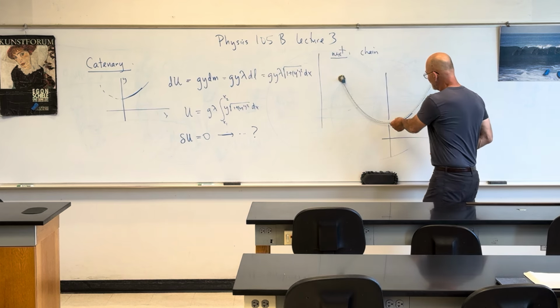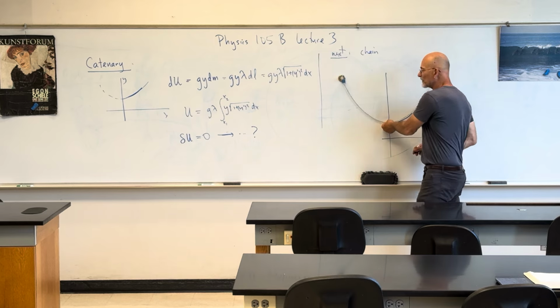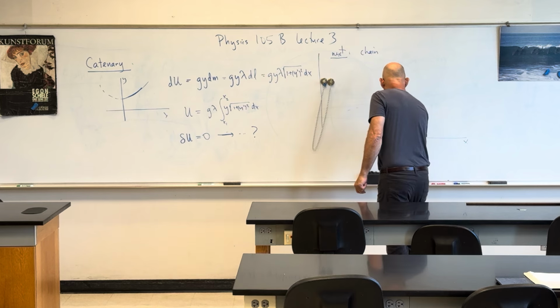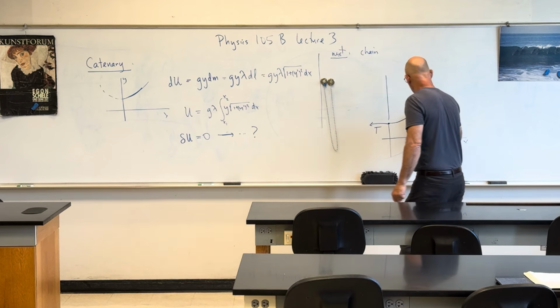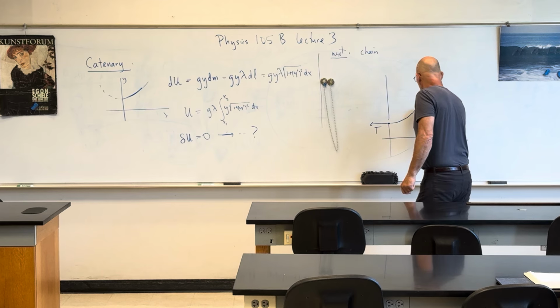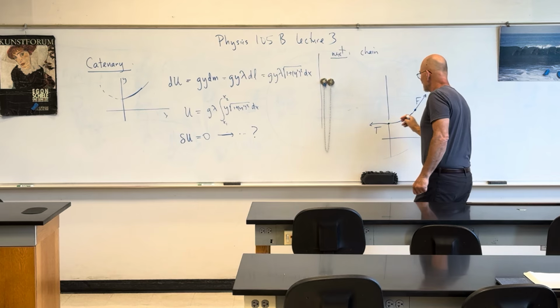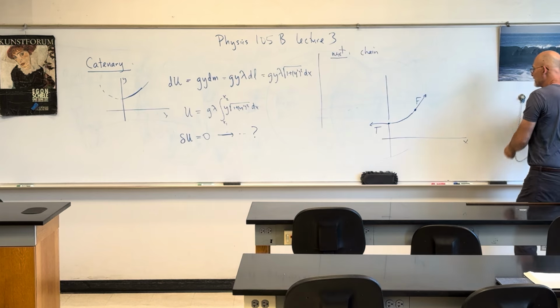What I could do is hold this here, and if I had a scale, it would register a tension, a horizontal tension. So I'll move that out of here now. So we know there is a tension, horizontal direction. And likewise, if I had a scale here, it would register a force. So I'm going to write F. That's going to be my free body diagram.